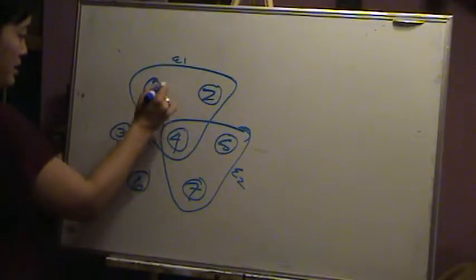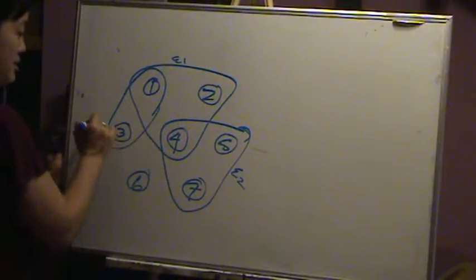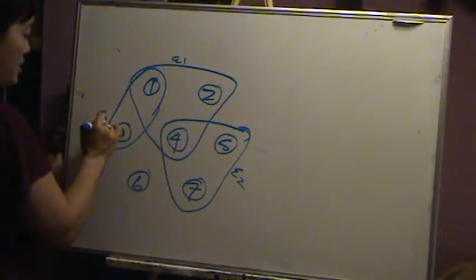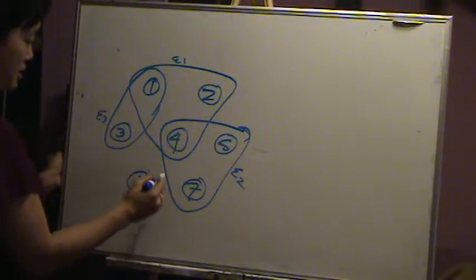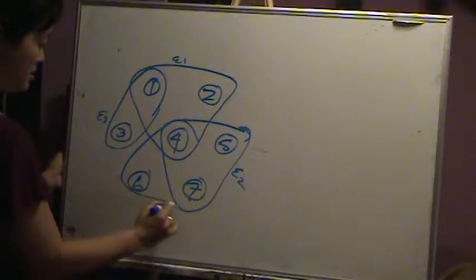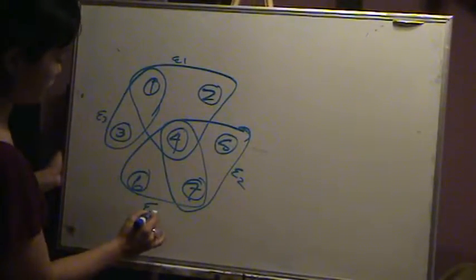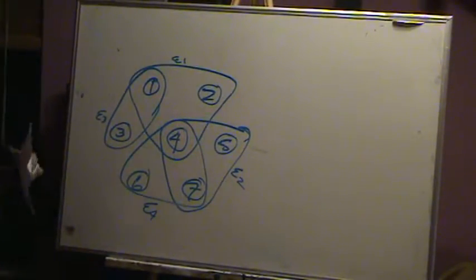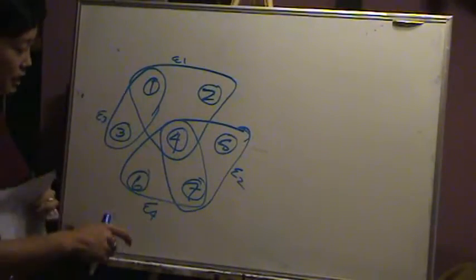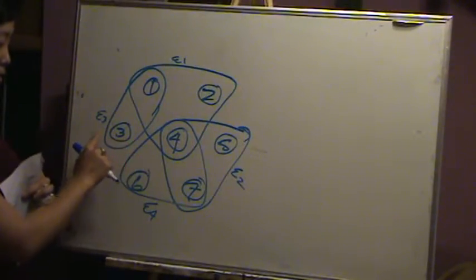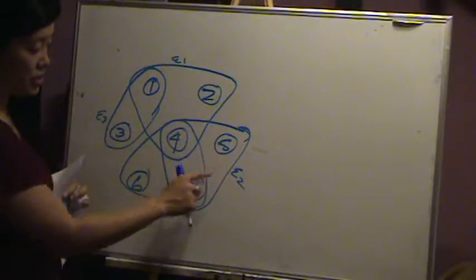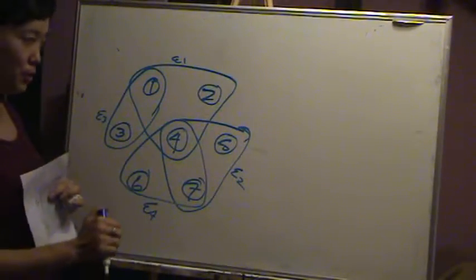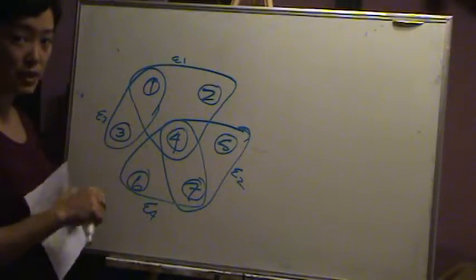Let's say this is edge 3, and we'll say this is edge 4. Alright, and I'll note here that if I had included in edge 3 vertex 4 also, that would mean each edge was a set of 3 vertices.